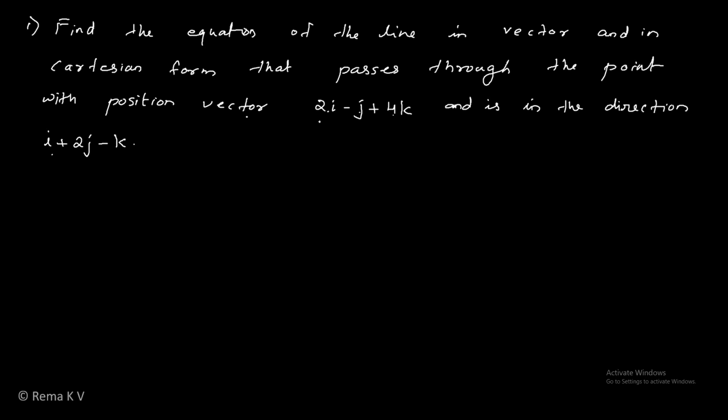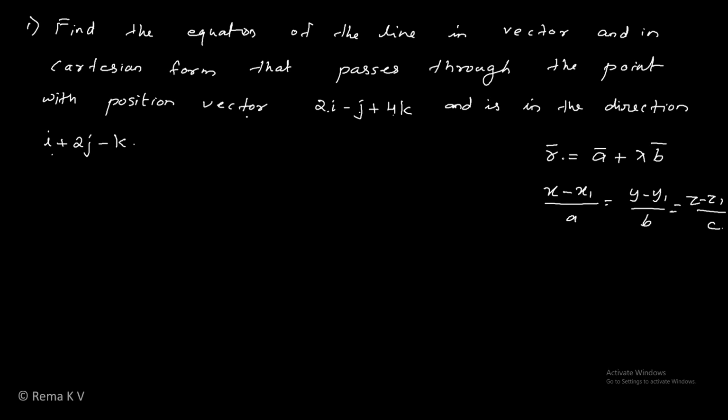See, let us recall how we have to write the equation of a line. In vector form, vector r is equal to vector a plus lambda vector b. This is the vector form, and in Cartesian form it is (x minus x1) by a equals (y minus y1) by b equals (z minus z1) by c.